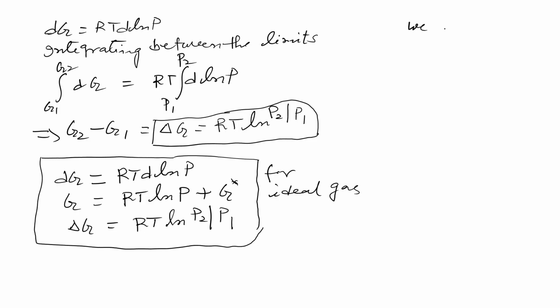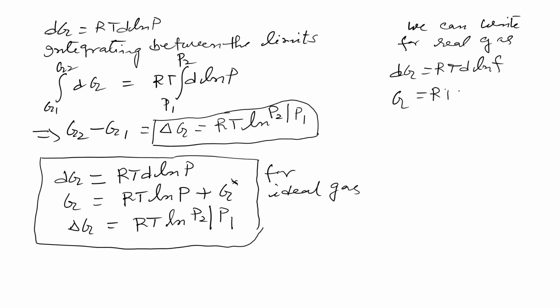For real gas, we just have to replace the P by F, fugacity. What can we write? dG equals RT d ln F. Then you can write G equals RT ln F plus integration constant G star.